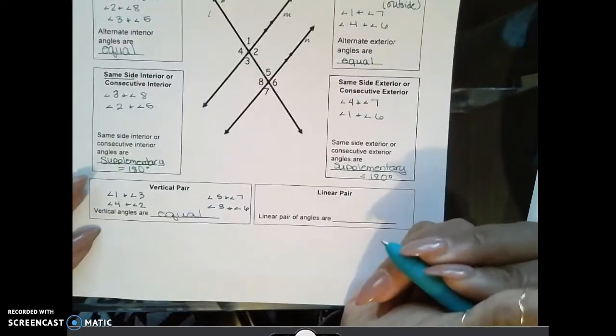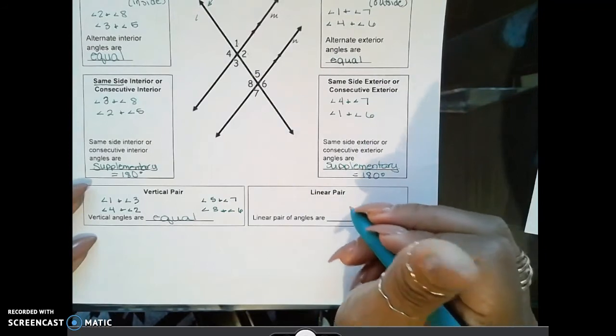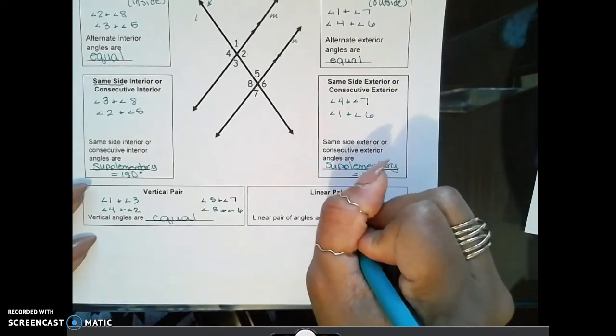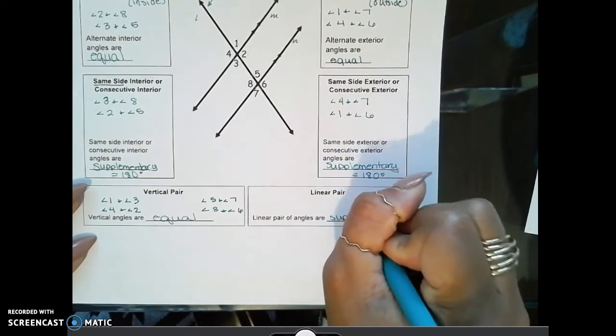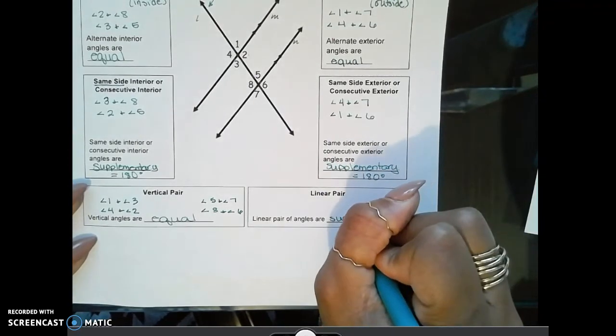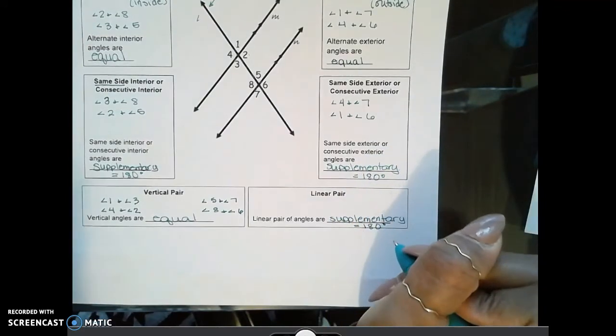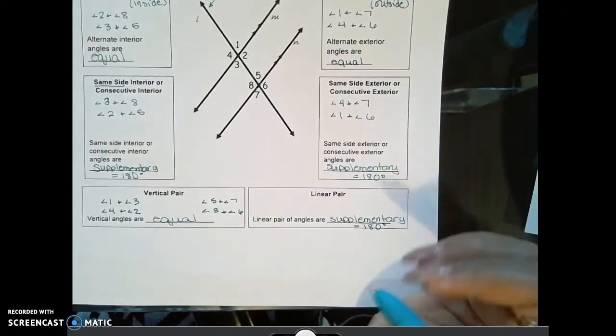Okay, and then our last one that we have to cover is our linear pair. And our linear pair will actually be supplementary, not equal. And the word linear should stick out to you to know that it makes a straight line, which also helps you remember that they're supplementary angles.